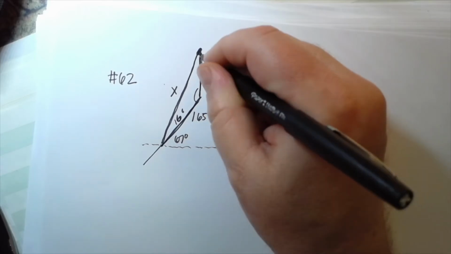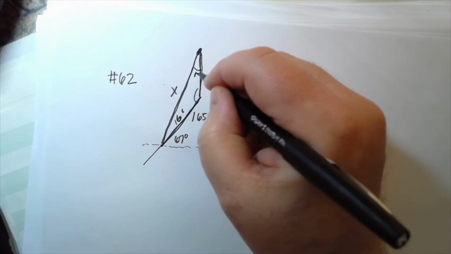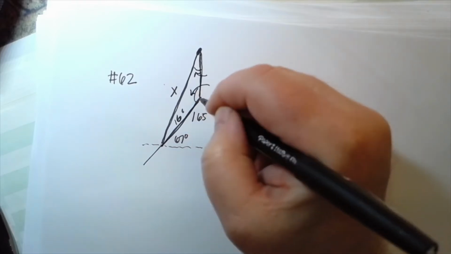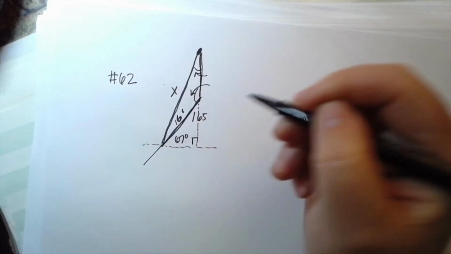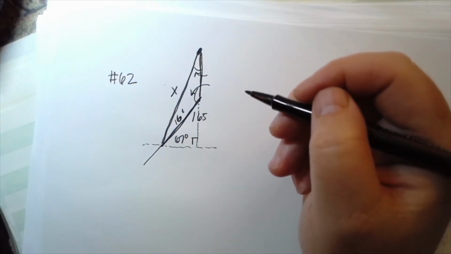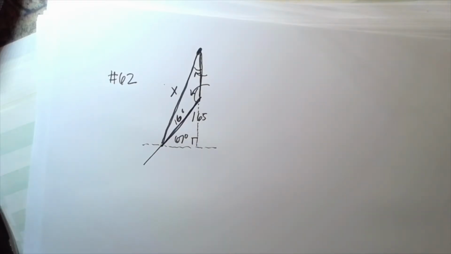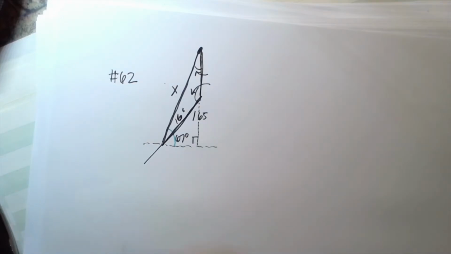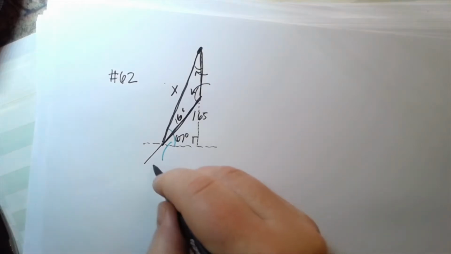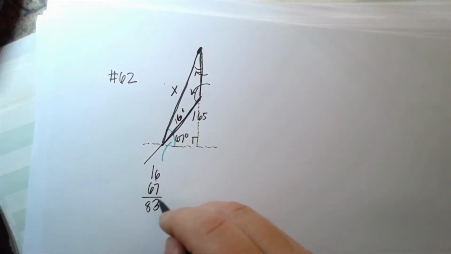So we need to find these two angles, this angle here and that angle there. Now this one, if I draw an auxiliary line, a perpendicular that goes in like that, tells me that this angle here is 16 plus 67, which is 83 degrees.